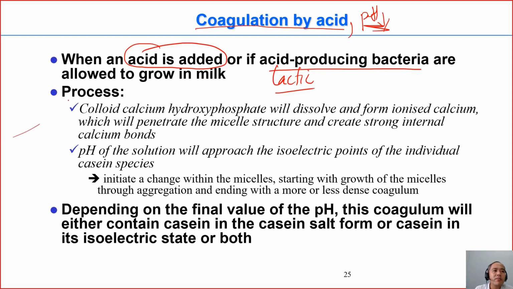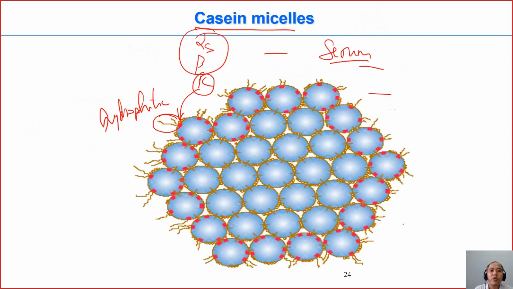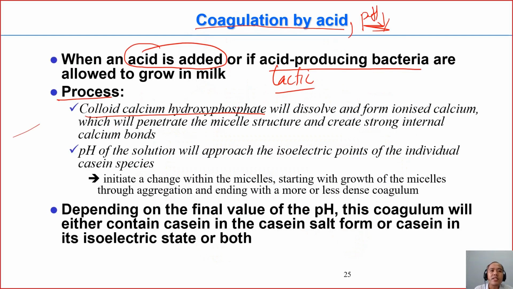Now the mechanism or the process. When we lower the pH, the colloidal calcium phosphate bridges, if you remember, we go back, these are an illustration of the calcium phosphate bridges. Colloidal substances mean they are not soluble, but now because the pH is lower, part of them will be soluble and dissociate into calcium ions. So now we have calcium 2 plus, because they are dissociated.